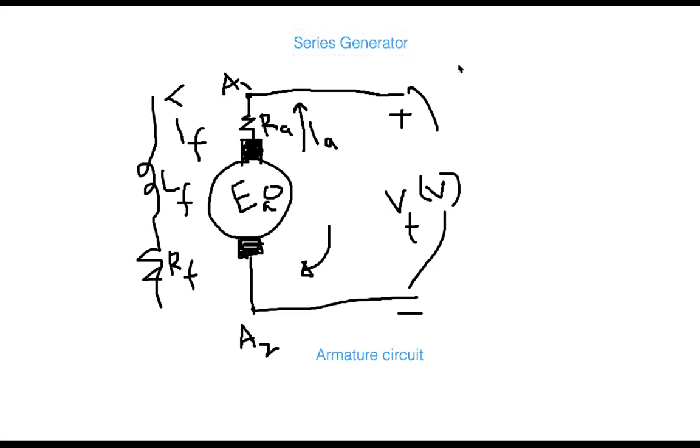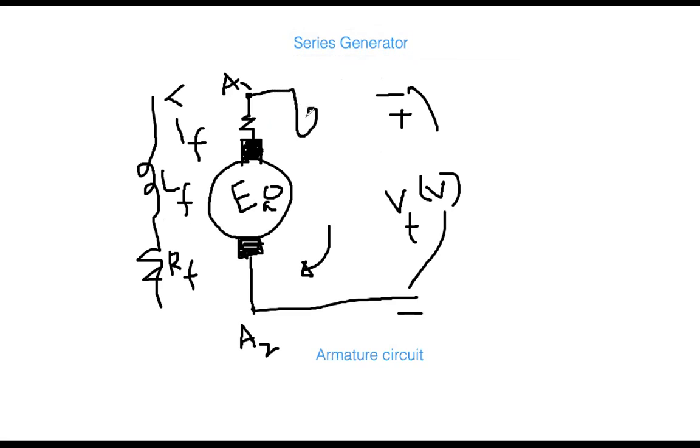Series generator means the field circuit will be connected in series. So instead of here, the field circuit will be in series. Let me clean up this line, so it will look like that. Also, momentarily clean up this thing.